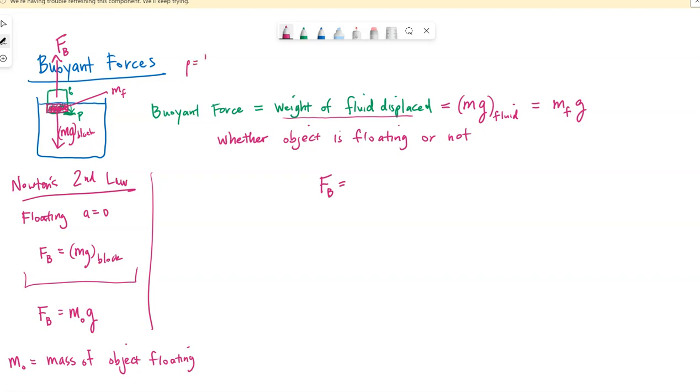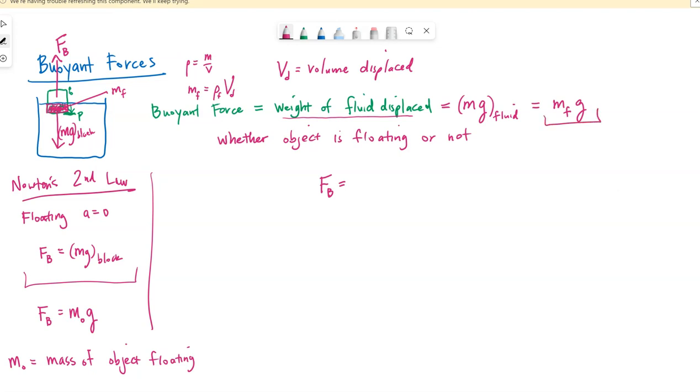So the density is going to be mass per volume, which means we can say the mass of the fluid is equal to the density of the fluid times the volume. I'm going to call this V sub D, the volume displaced. The amount of fluid that had to move to let that portion of the block be there.